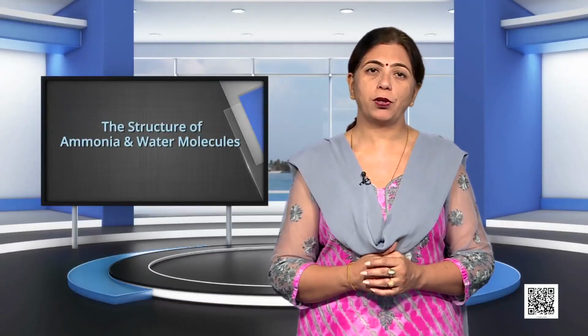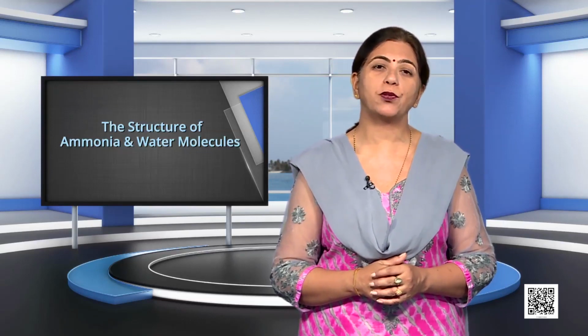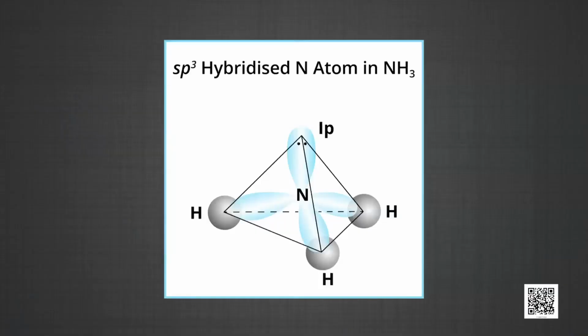The structure of ammonia and water molecules can also be explained with the help of sp3 hybridization. Now, let me discuss ammonia. In ammonia, the valence shell, that is the outer electronic configuration of nitrogen in the ground state, is 2s2, 2px1, 2py1, 2pz1, having 3 unpaired electrons in the sp3 hybrid orbitals and a lone pair of electrons is present in the fourth one.